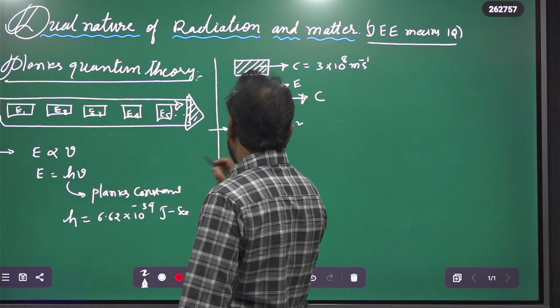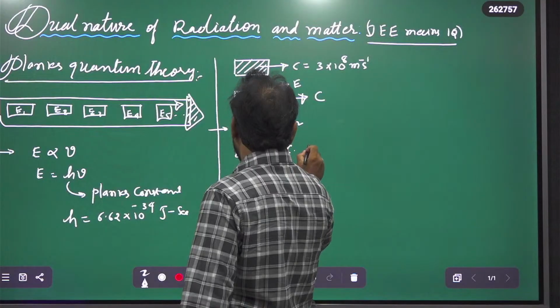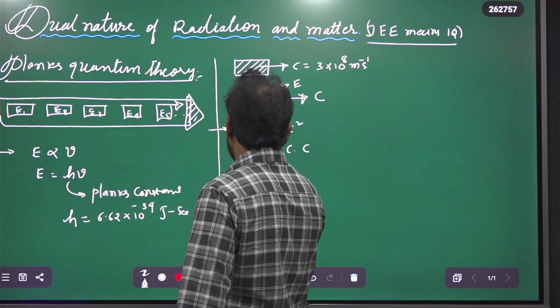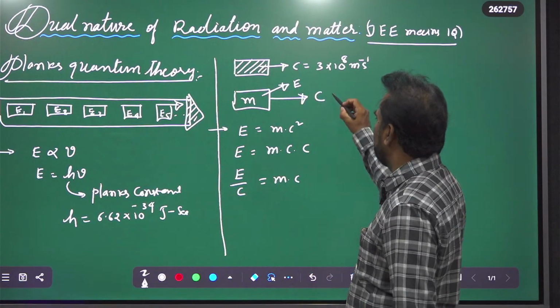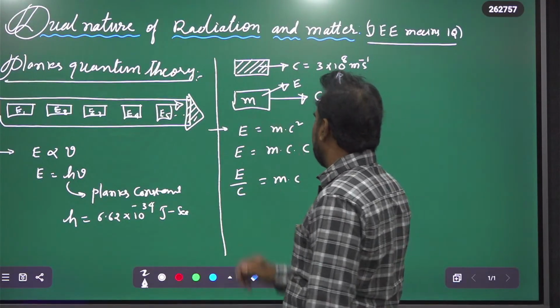So, E is equal to m into c into c. Taking c to this side, E upon c is equal to m into c. Here c is nothing but the velocity of the photon, and m is the mass of the photon.